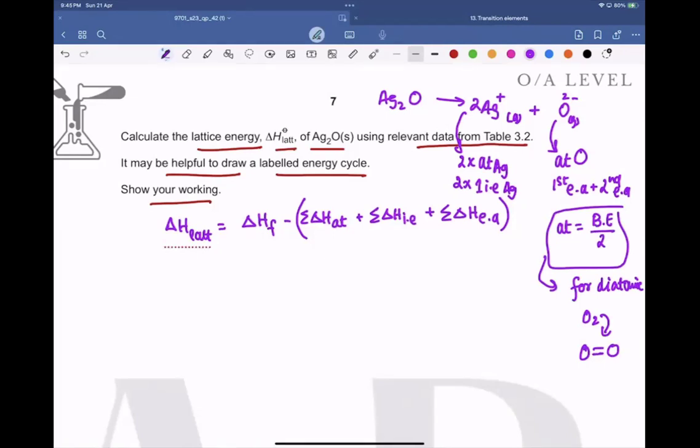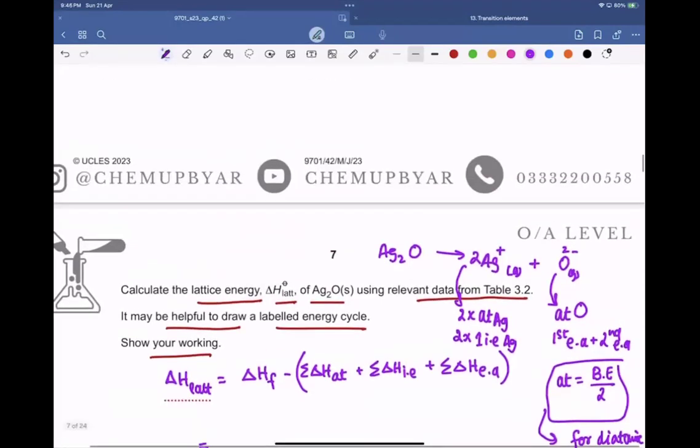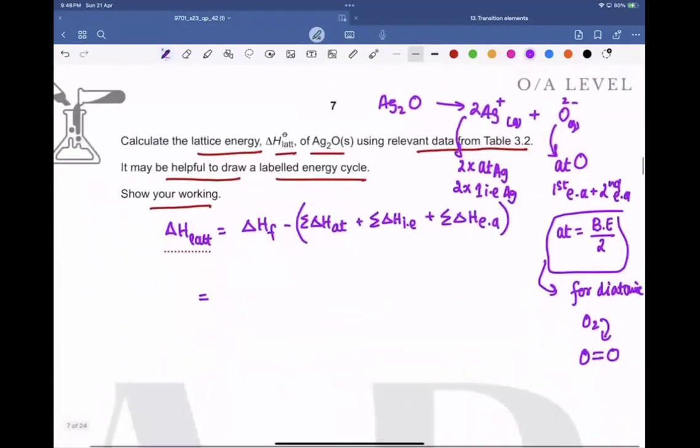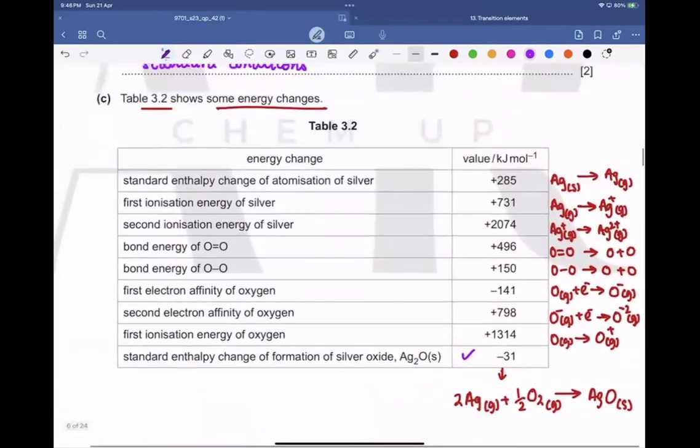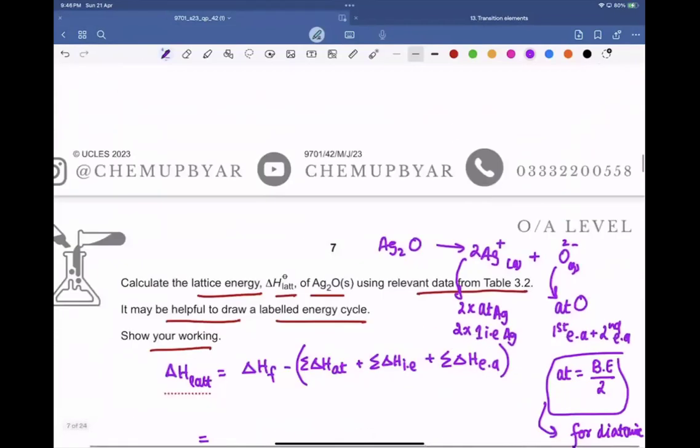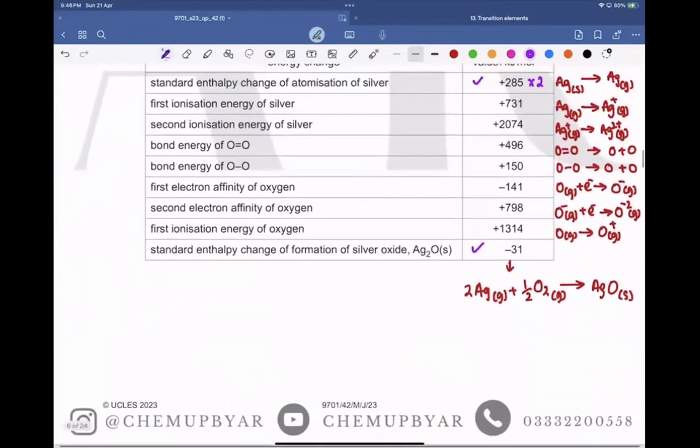Now we have to put this data in the expression. We need the enthalpy change of formation, this one. Then we need twice the atomization of silver. So here is the atomization of silver and we need it twice. We need twice the first ionization energy of silver.